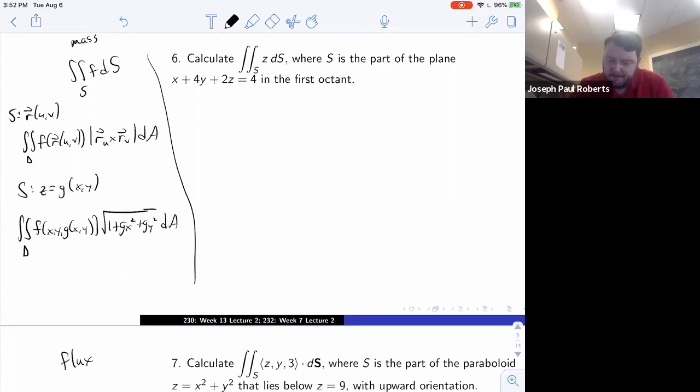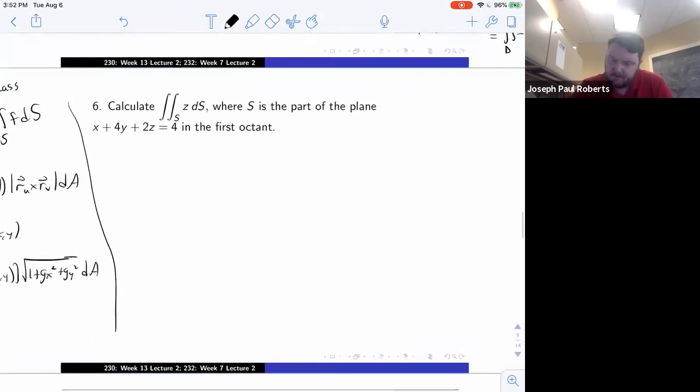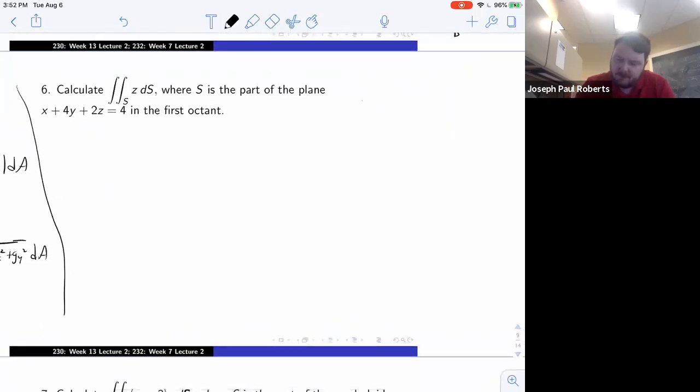So anyway, could start to draw this. I know that the x-intercept is 4, the y-intercept is 1, and the z-intercept is 2.